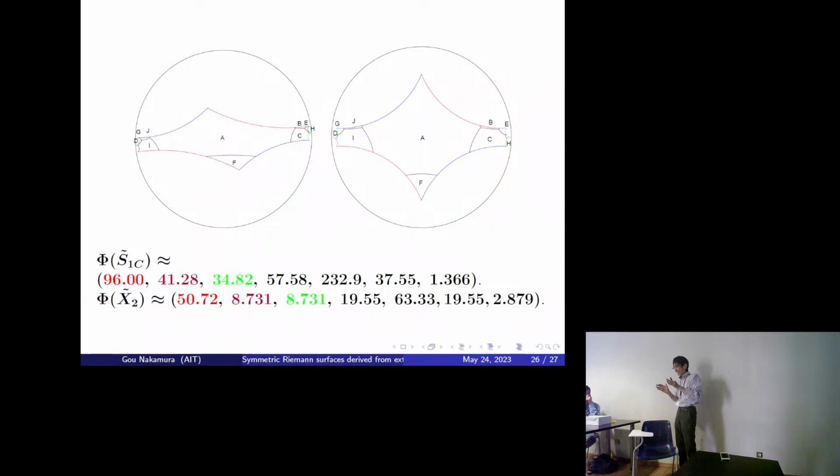I'm trying to say that I don't have every mapping class group element, so I didn't say anything about the maximum or minimum number. I'm under construction.